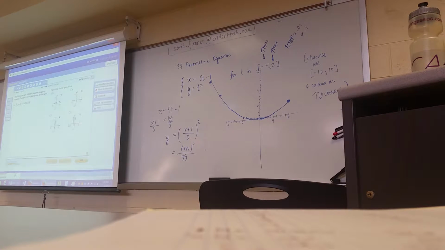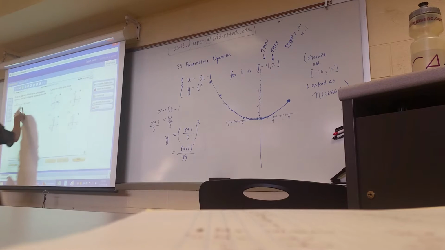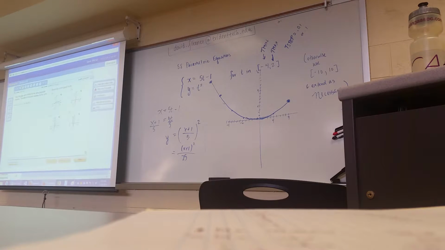Number 2. Similar kind of thing. X is now the square root of t. Y is 3t minus 5. Put that one in and see what it looks like. t in 0, 4.